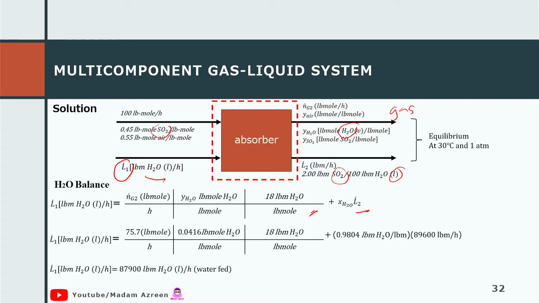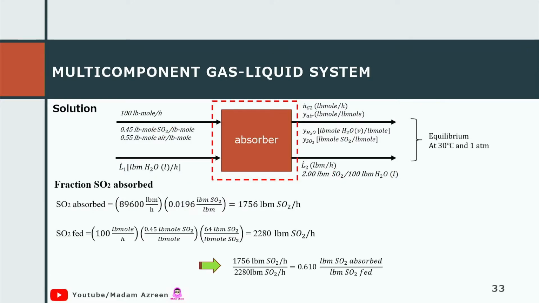Then we can calculate the value of water fed into the system. The value of N2 we already got previously. The mole fraction of water vapor in the gas is this one, and the mass fraction of water in liquid, which is X, together with the total mole flow rate of that stream, so we can get this value.